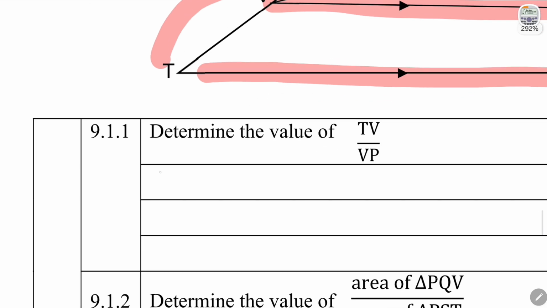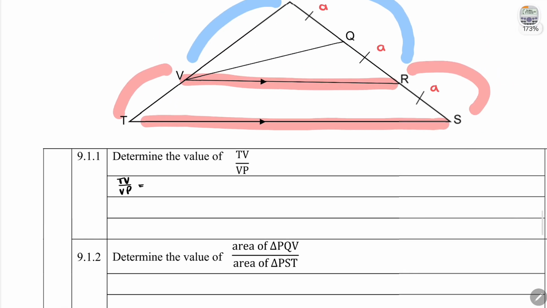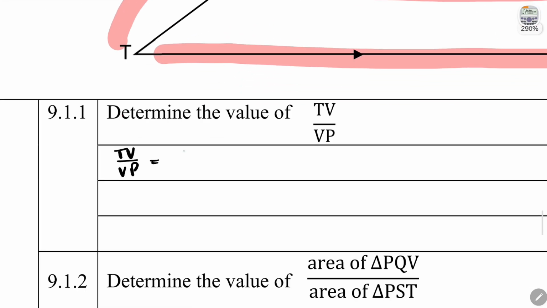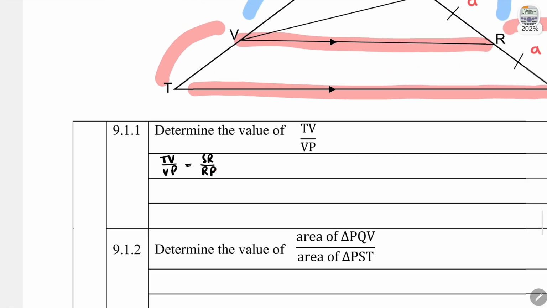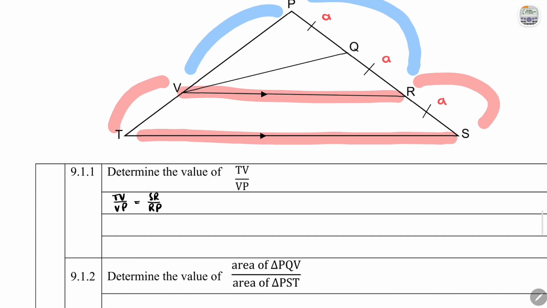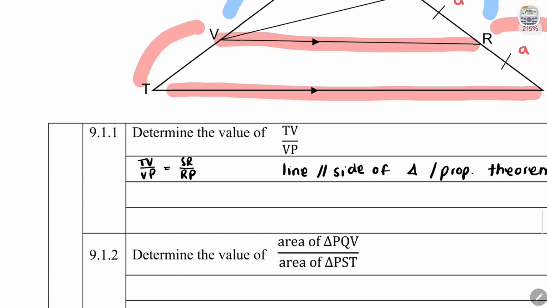So we can say that TV over VP is equal to SR over RP. The reason for this is because we have a line drawn parallel to one side of the triangle, or we could also say proportionality theorem.